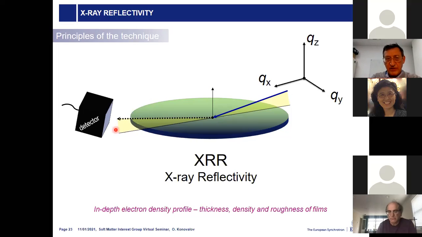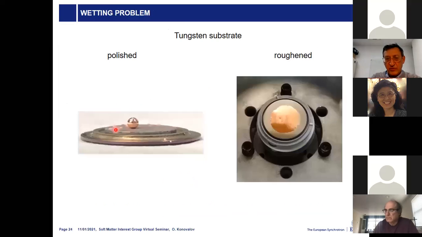Afterwards from the curve, we can deduce the structure normal to the surface. One thing I didn't tell before, but which is very important for X-ray reflectivity measurements: our copper sits on a tungsten support, and copper doesn't like to wet tungsten, so if we melt it, it just makes a ball, and it's very difficult to measure reflectivity on a ball.